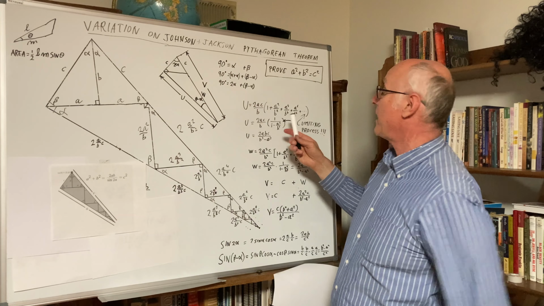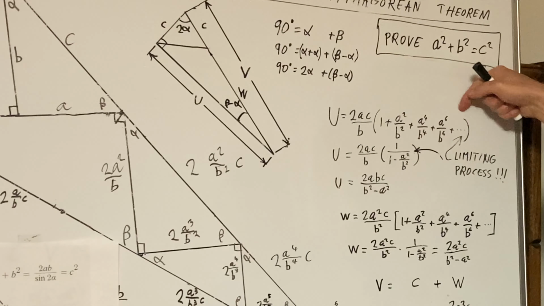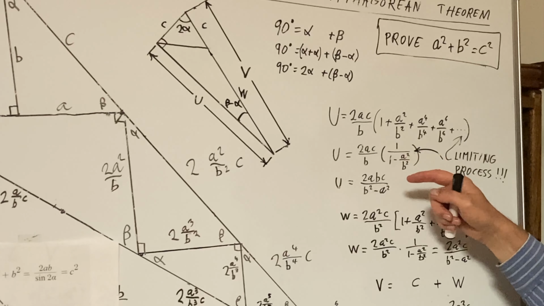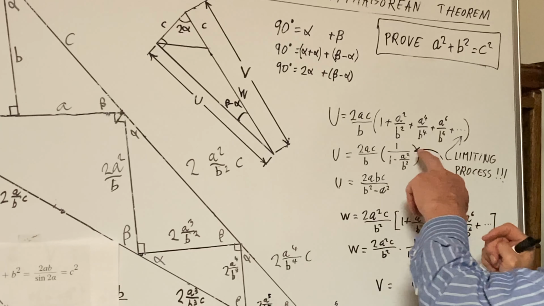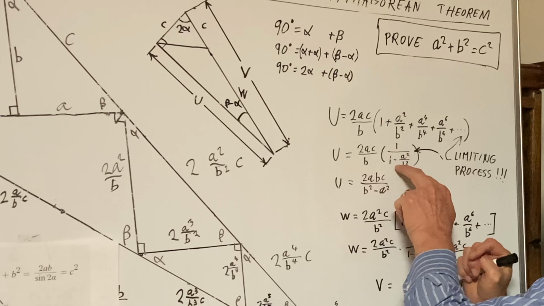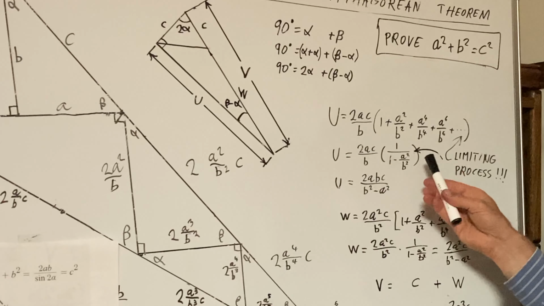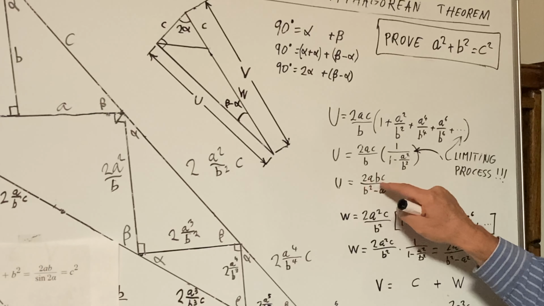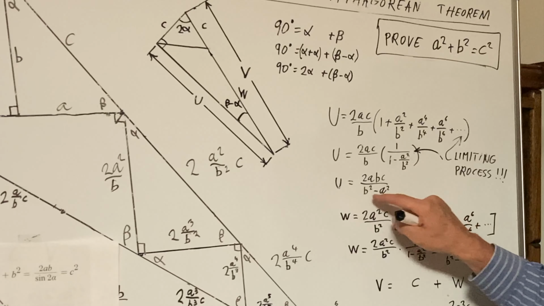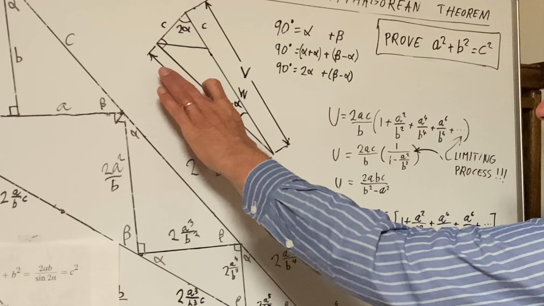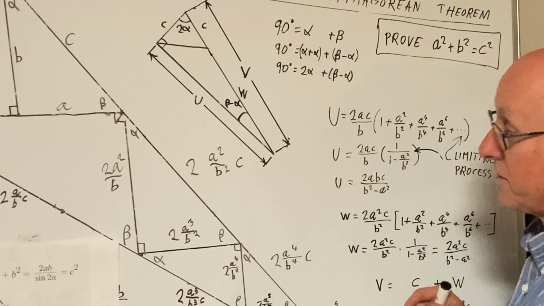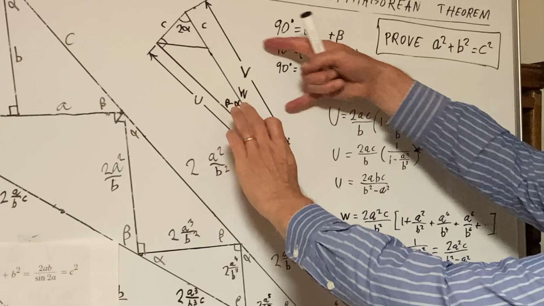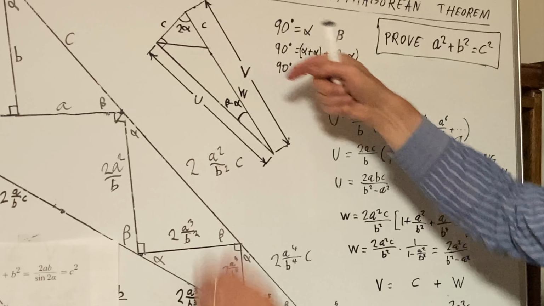You factor that out and you get this geometric series, which is a limiting process, and MathyJaphy shows that it comes to 1 over 1 minus a squared over b squared. And so the whole thing is u equals 2abc over b squared minus a squared. That's this distance here, right? That's u.